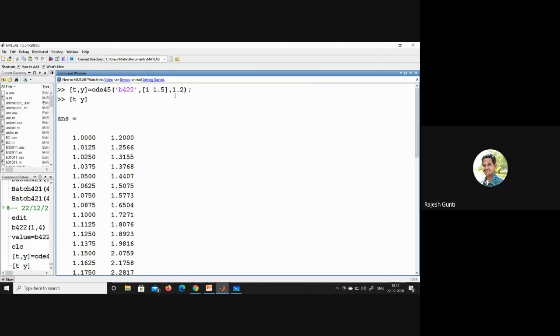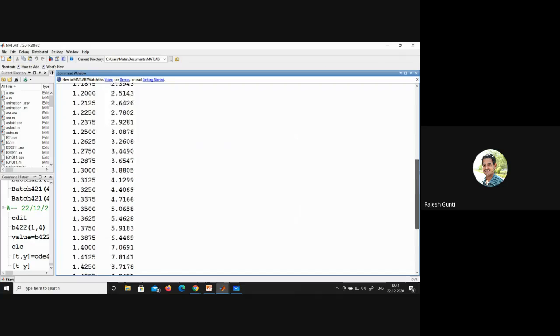Initially t naught is 1, t1 is t naught plus h, t2 is t naught plus 2h, and so on up to t5 is t naught plus 5h. Finally we get some value; that is the solution.